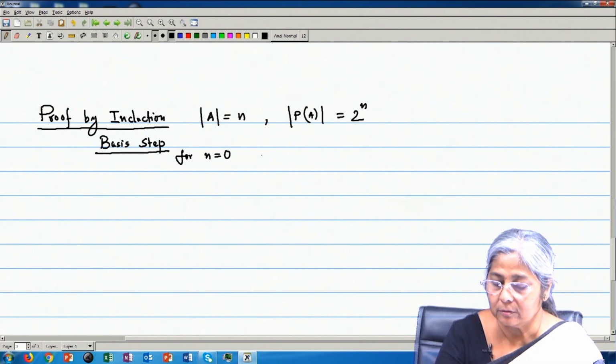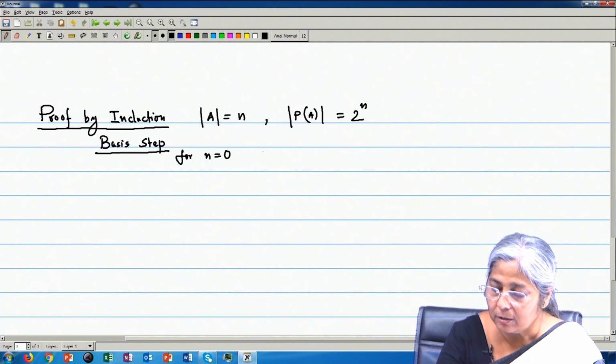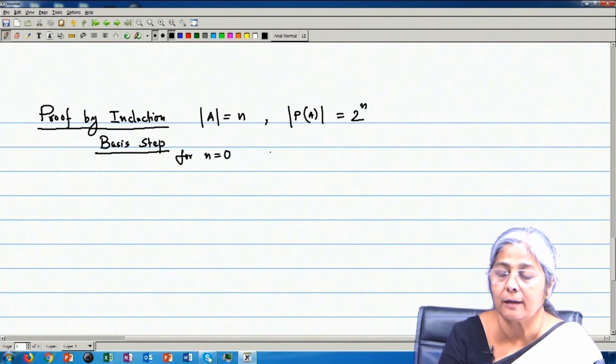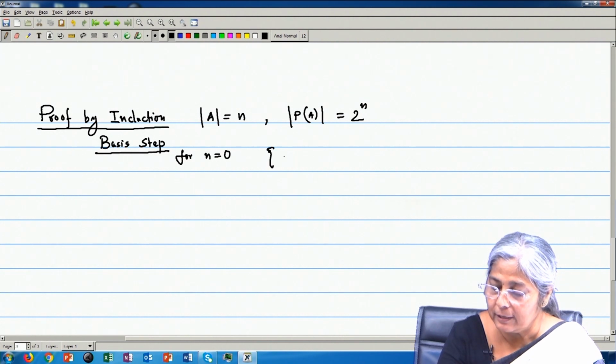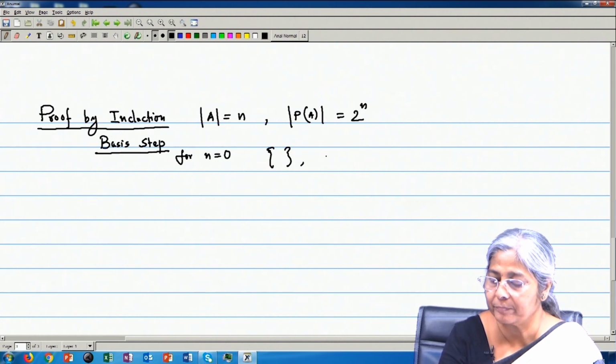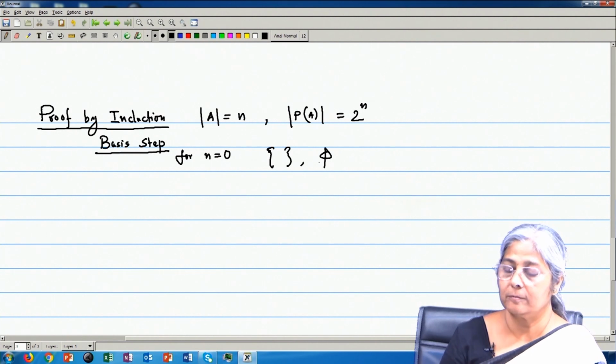That means, what is the power set when n equal to 0? It is only one element, that is the empty set, or phi.